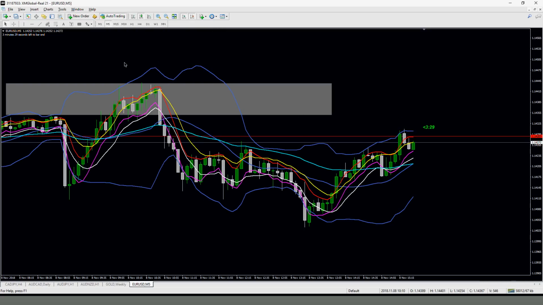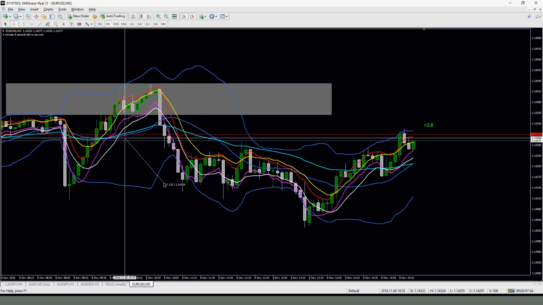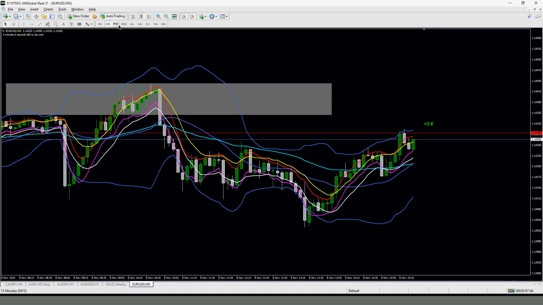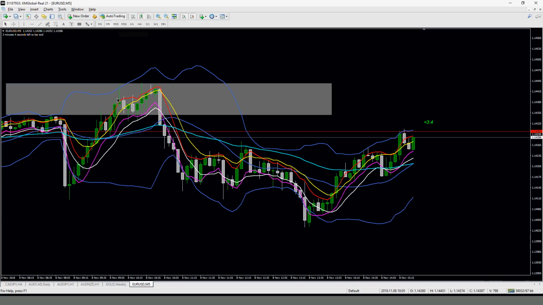Because when you do multi-time frame analysis, the area in which you would be floating is very small. There's only about 20 pips for the market to move, about 20 pips up and 10 down. So the market movement is limited to the Bollinger Band of the lower time frame.